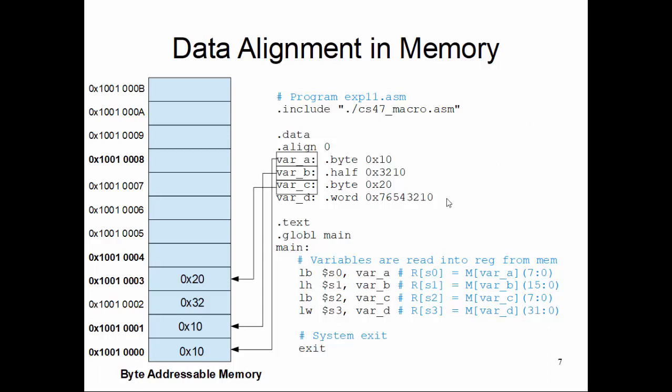Among this placement, first of all, there is no space wastage, that's fine, and the word has been placed from an address divisible by 4, which is also good. The only problem is the half word has been placed at an odd address, which is not allowed. And what will happen if I run this program? Whenever I try to do a load half word from variable B, the system will complain. Let's see that.